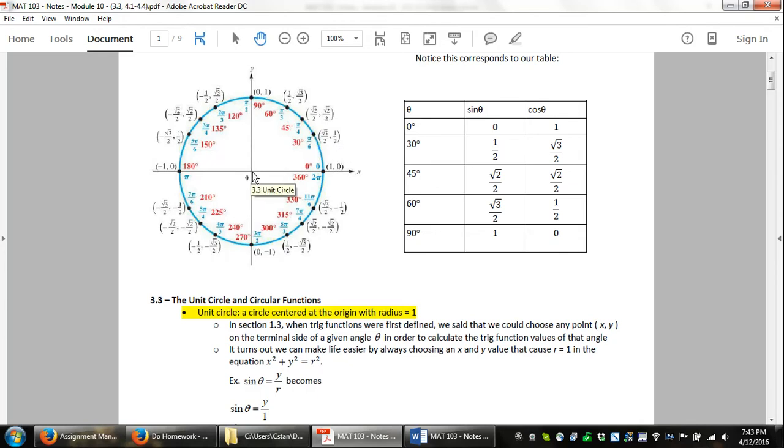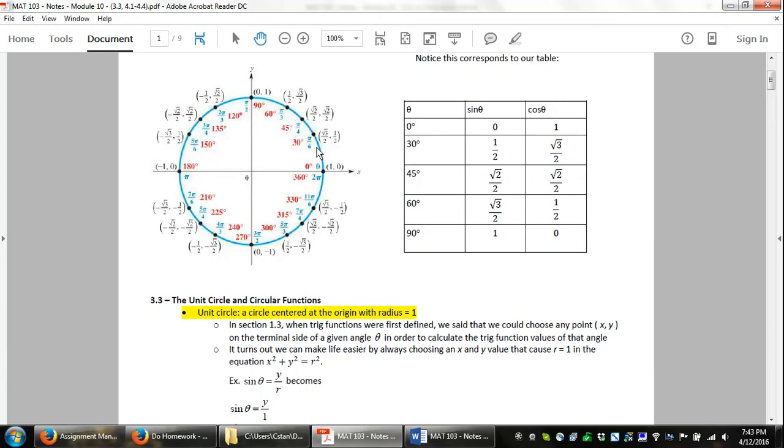So here's my origin. If I go out 1 in any direction, like I go 1 in the positive x direction, I hit this point. If I go out 1 in any other direction, and I've only got these few points selected here, these black points, and in blue these are all the other points.